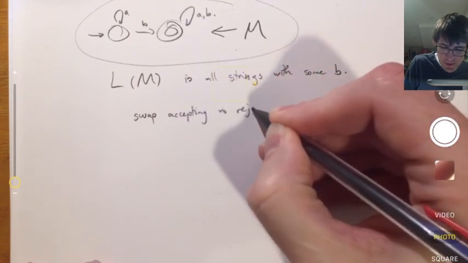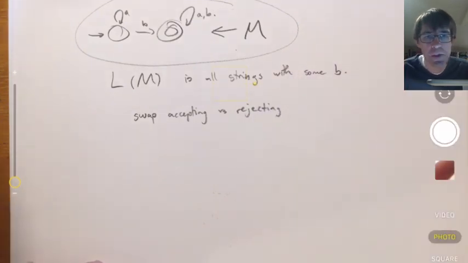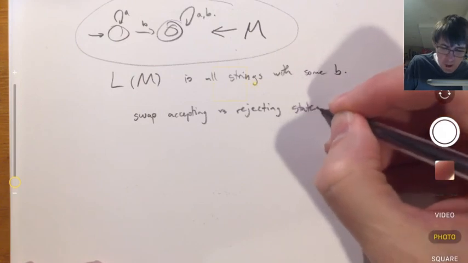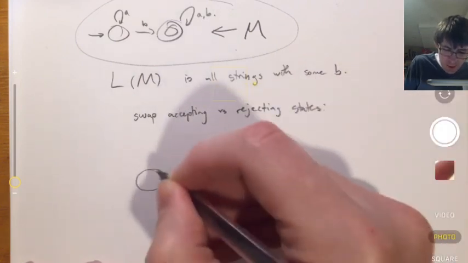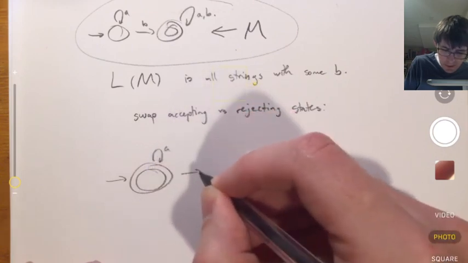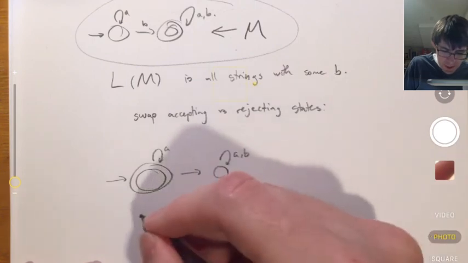And this isn't just for this example. It will always be possible to do this for any DFA, no matter how complicated it is. You swap the accepting and rejecting, and you leave all the arrows the same. So this time, this one will be accepting, and this one will be rejecting.